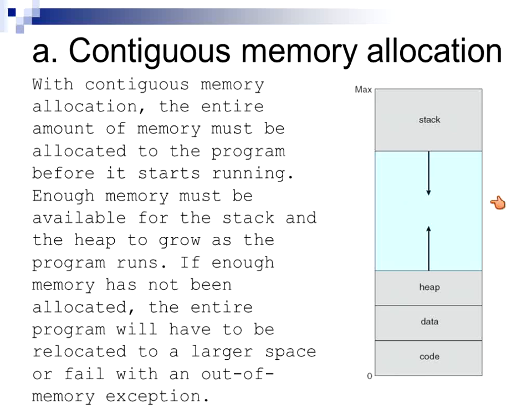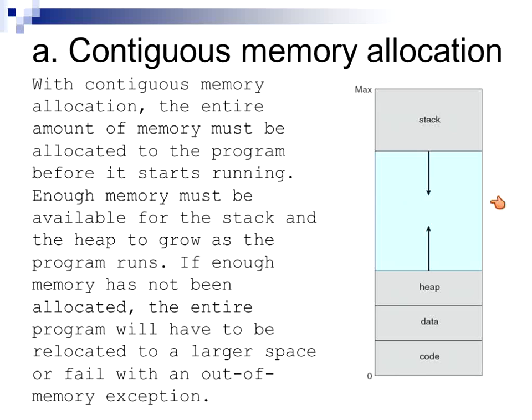So the kind of answer I was looking for here is that with contiguous memory allocation, the entire amount of memory must be allocated to a program before it starts running. So the whole thing is put into memory as one big block of memory with free space, with kind of a hole in the middle where your stack and your heap is going to grow. So enough memory must be available for the stack and the heap to grow as the program runs.